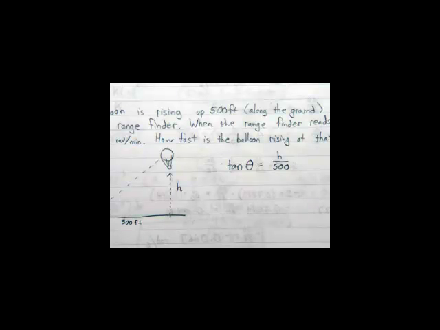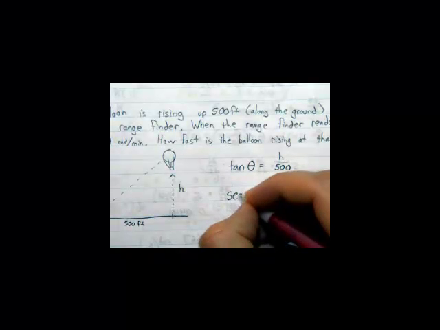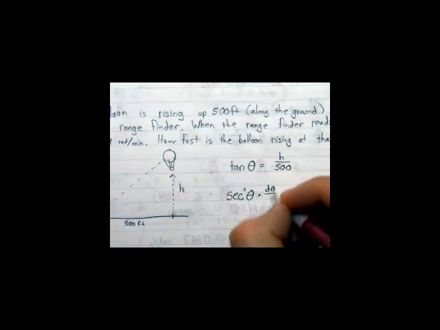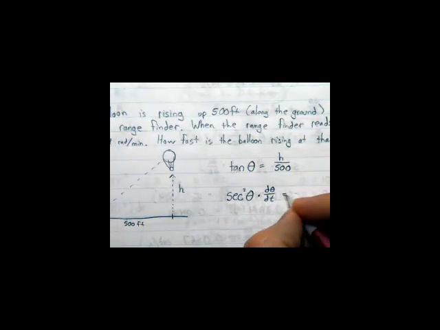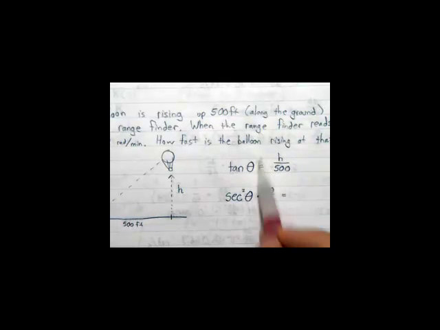So, all right, what's the derivative of tangent? Secant squared x, or secant squared theta in this case. And then don't forget the d theta dt. And then this is essentially 1/500th h.